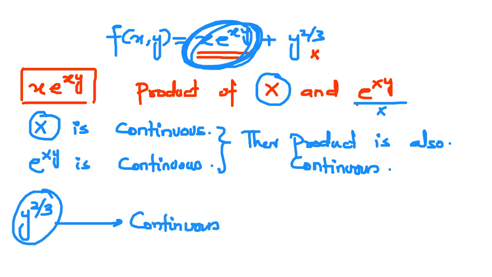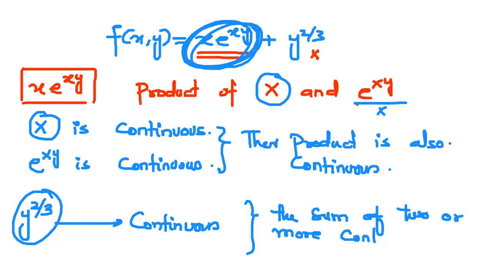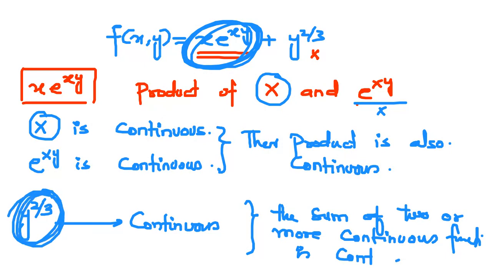We know that the sum of two or more continuous functions is continuous. So that's why I say this is continuous. Is this clear now?